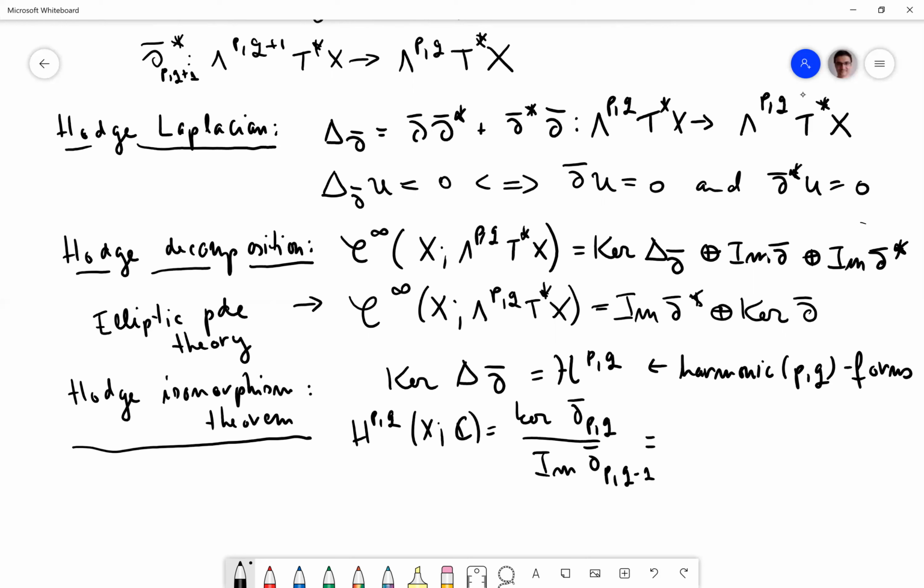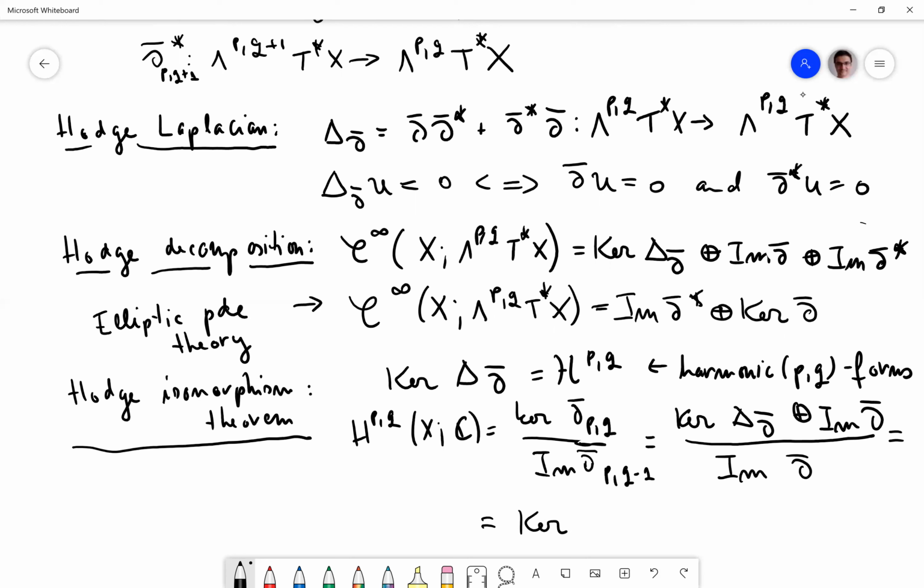Okay, so in this Hodge decomposition, since this is an orthogonal sum, the kernel of ∂̄ has to be equal to this direct sum here: the kernel of the Hodge Laplacian plus the image of ∂̄, over the image of ∂̄. Since we're talking direct sum, this is the kernel of the Hodge Laplacian, which is the space of harmonic (p,q) forms.